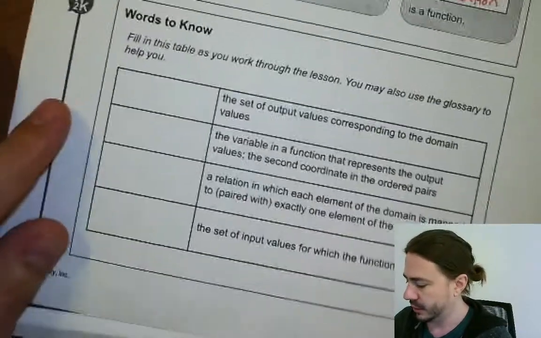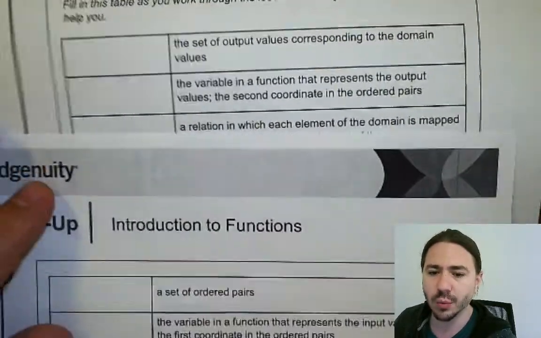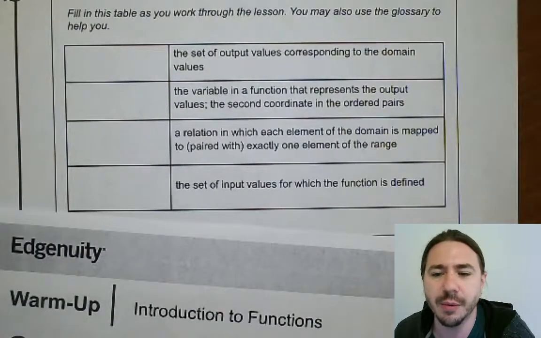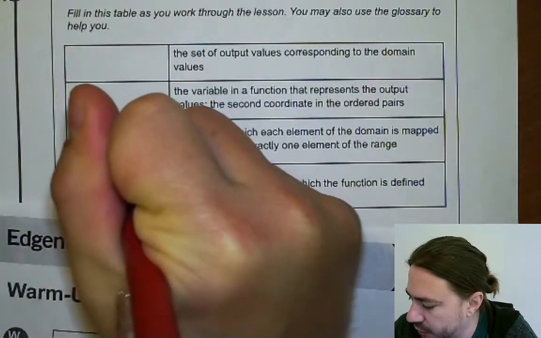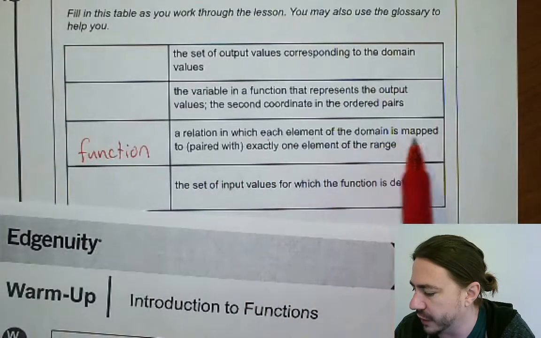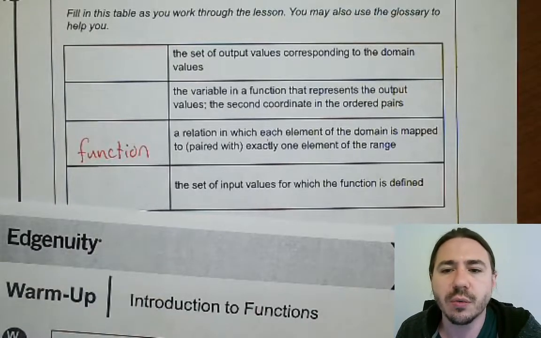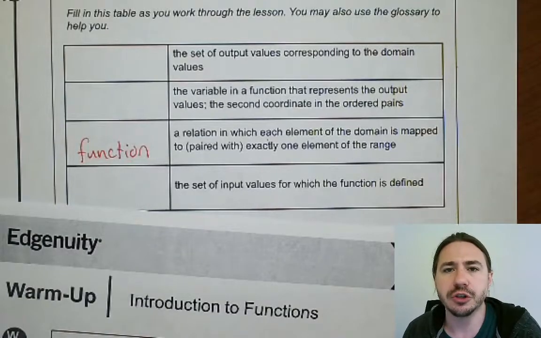And the first thing is a function. So these are kind of in a weird order, so I'm just going to go through them as I feel is more appropriate. So a function is a relation in which each element of the domain is mapped to exactly one element of the range. So when I use the terms domain and range, what I'm really referring to are your inputs and your outputs.